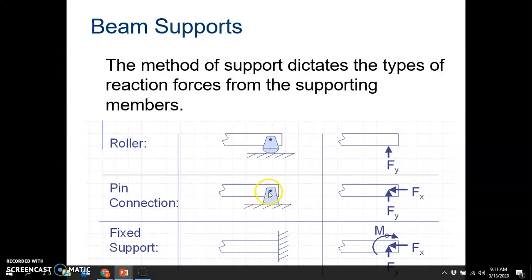A pin connection does resist it horizontally and vertically, thus it can have reactionary forces. However, a pin connection cannot resist rotation. A fixed support, like a balcony, can resist all types of forces, rotational and linear, shear and moment, therefore there is a reactionary force for all three types.